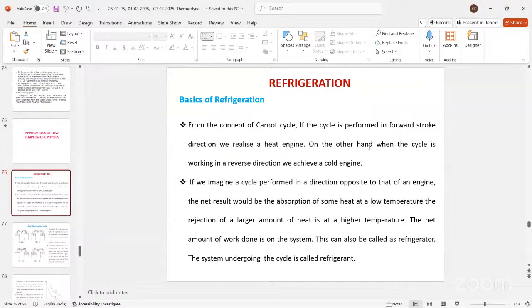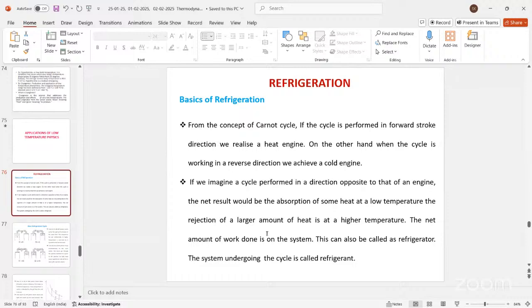On the other hand, when the cycle is working in a reverse direction, we achieve a cold engine. So if we imagine a cycle performed in the opposite direction to that of an engine, the net result would be the absorption of some heat at a low temperature.